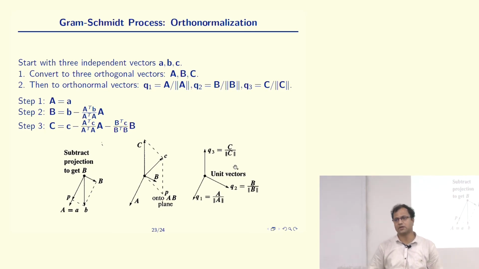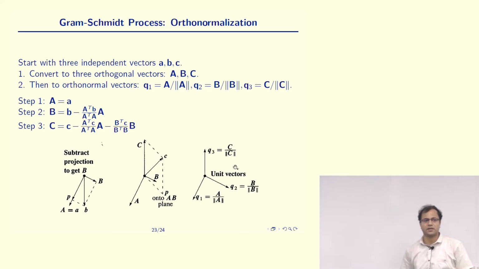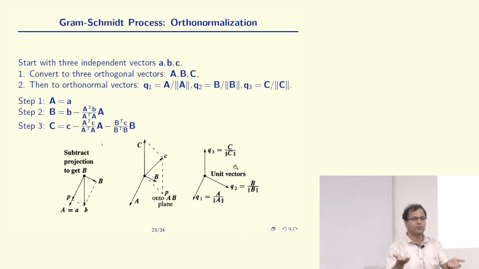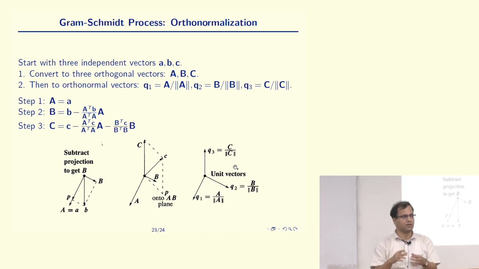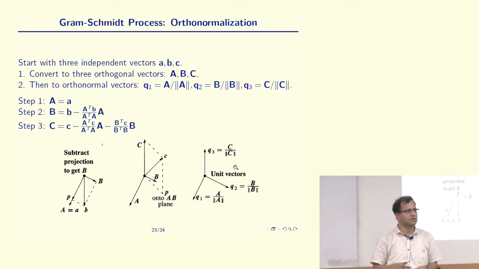So this will give you the set of orthonormal vectors with which you can now compute the projection operation, projection vector, projection matrix, and solve the system of normal equations to get the best approximate solution, right?